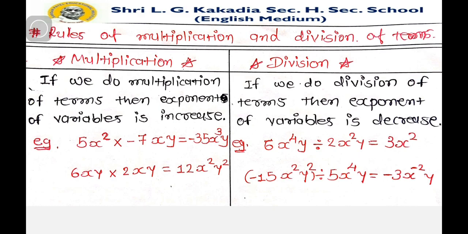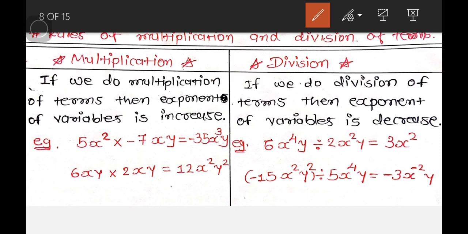Now, one more topic: rules of multiplication and division of terms. In multiplication and division, there is one rule to understand. The first rule for multiplication: if we multiply terms, then the exponent of variables increases.